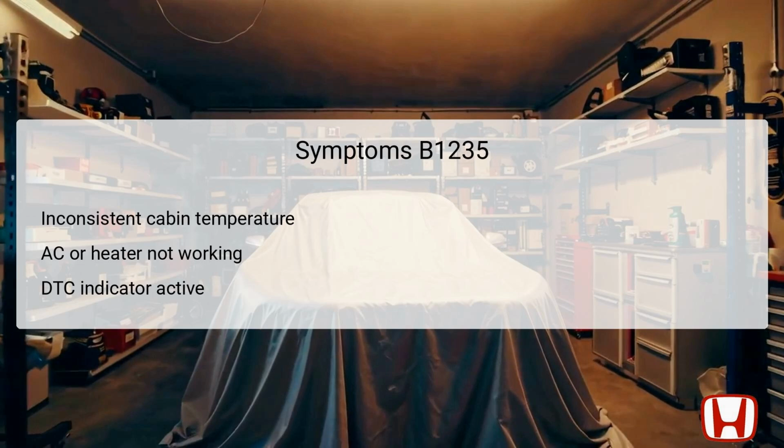The activation of the DTC indicator is a strong signal that there is a fault in the air mix control motor system. This error can also lead to unusually high or low temperatures within the cabin, impacting the driving experience. Diagnosing these symptoms can lead to the identification of more extensive issues within the climate control system.